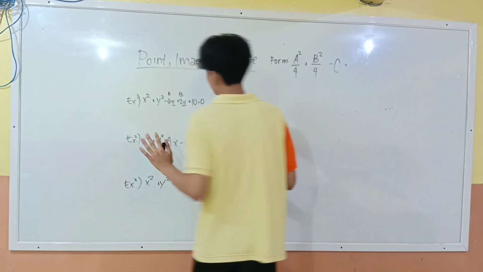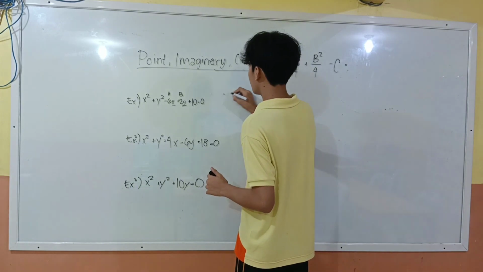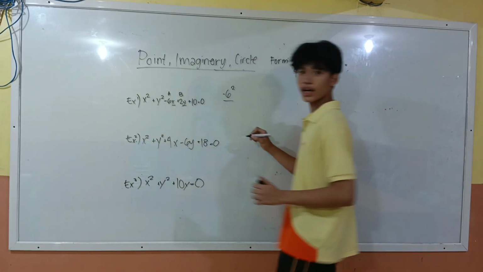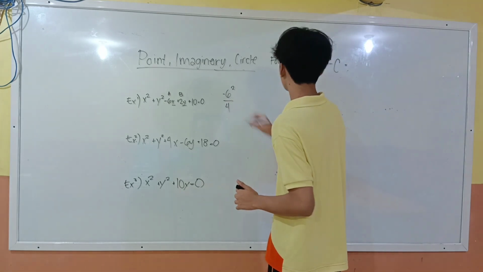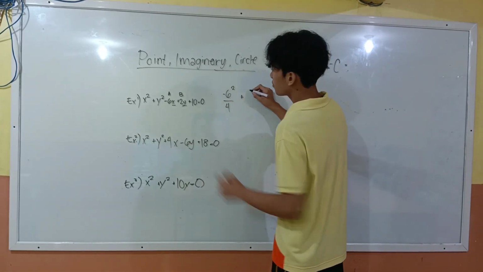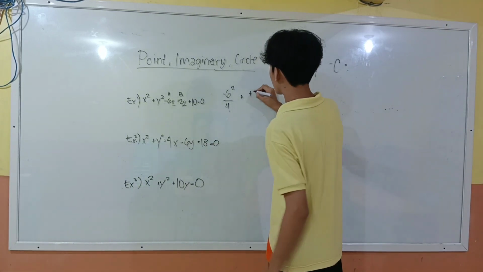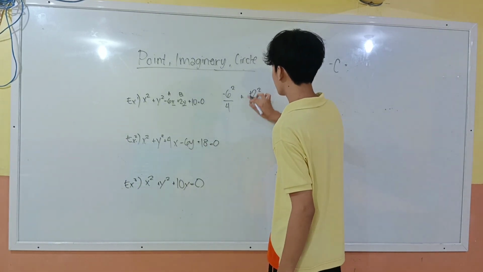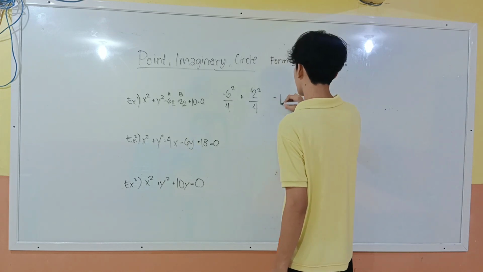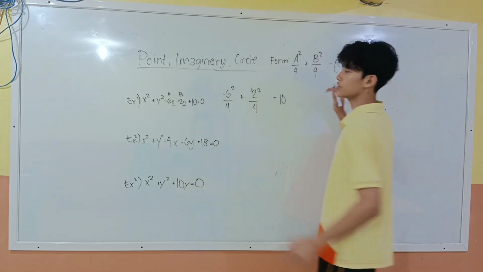So let's substitute. So we have negative 6 squared divided by 4. And then positive 2 for our b, and then squared over 4, and then minus 10, which is our constant.